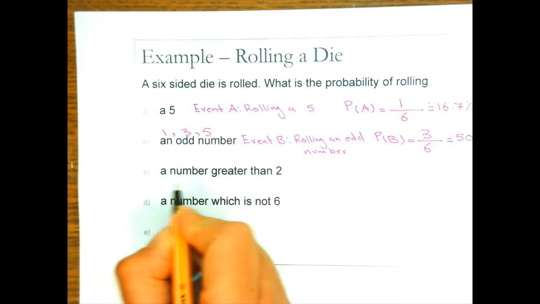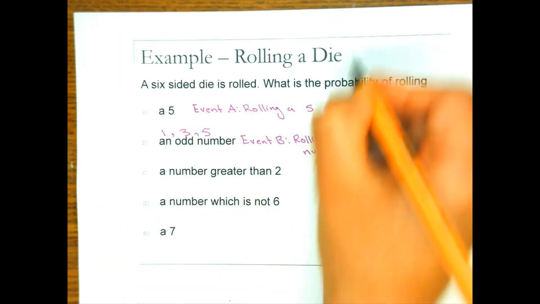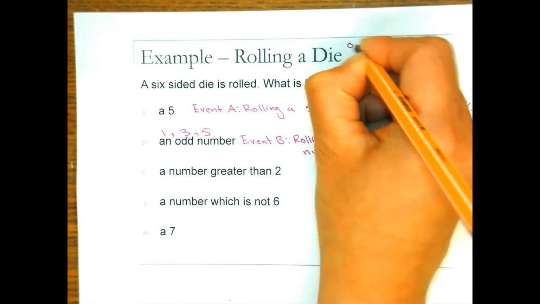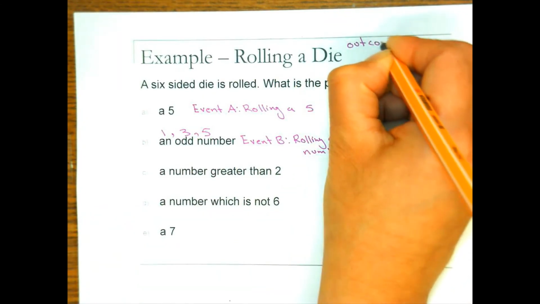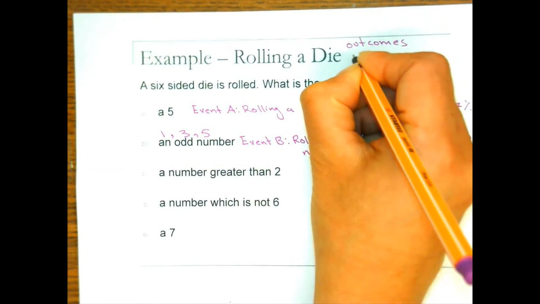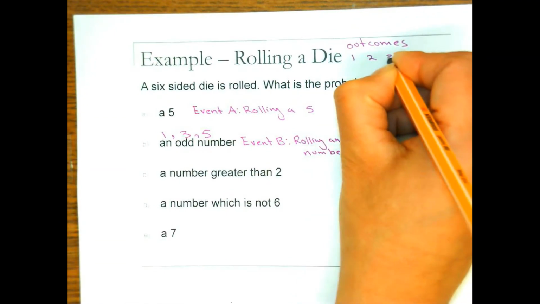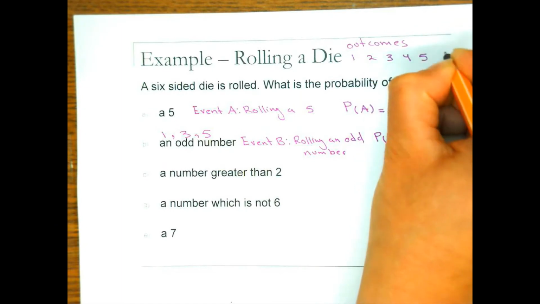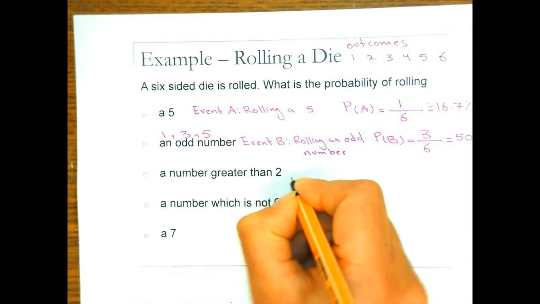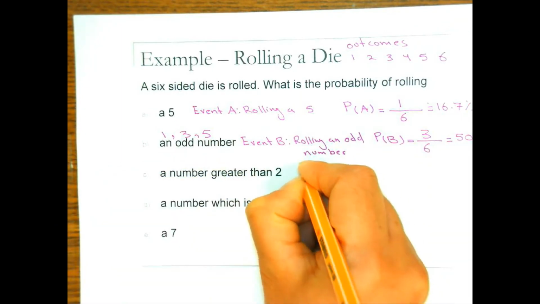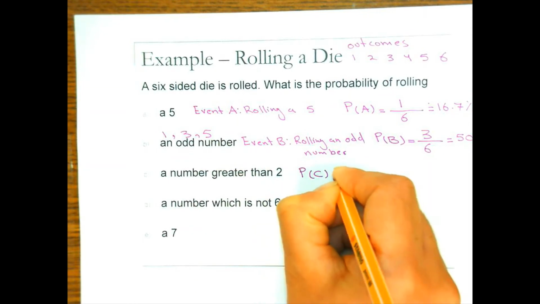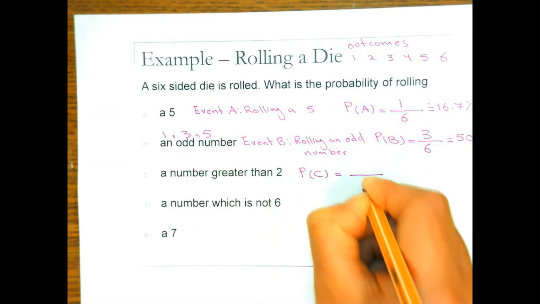Now a number greater than 2. So the possible outcomes, I'm going to write them here, are 1, 2, 3, 4, 5, 6. So this is event C. Probability of C is, again, we have 6 possible outcomes.